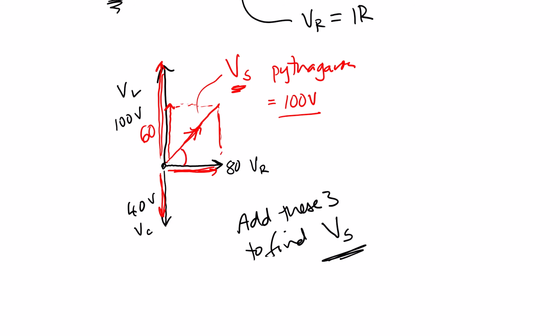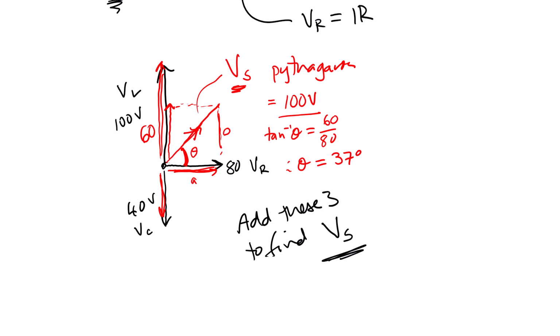And then we need to find the angle, this angle here, theta, and we can say theta is the inverse tan of opposite over adjacent, so it's 60 over 80. Therefore, theta is equal to 37 degrees.